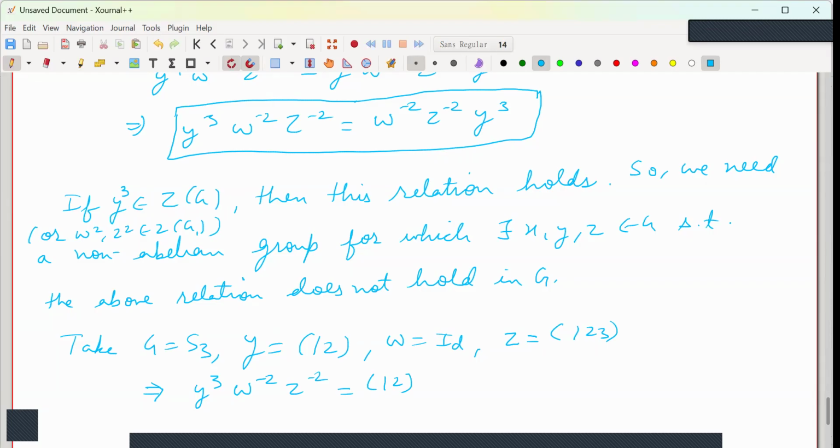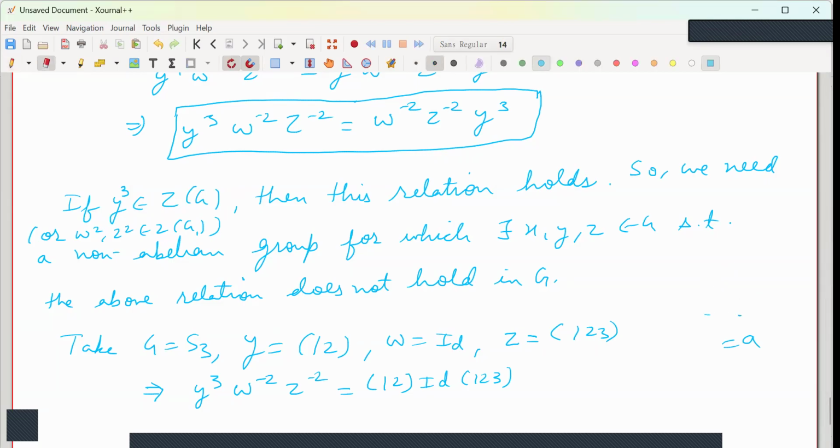And what is z raised to minus 2? It has order 3, right? So z minus 2 is as good as z to the 1. See, if some element a has order 3, then a minus 2 is the same as a cube minus 2, because a cube is identity. So this will be just a.